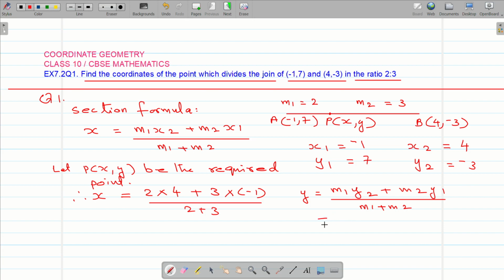When we substitute the values of m1, m2, y1, y2 in the equation, we are going to get 2 into -3 plus 3 into y1, that is 7, upon 2 plus 3.